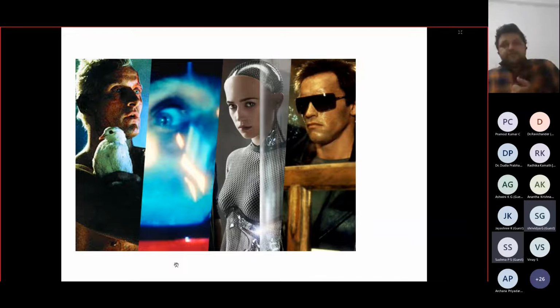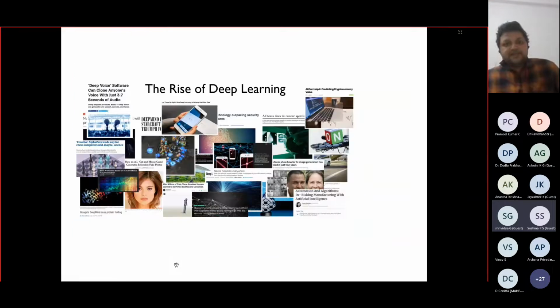Now, when we talk about AI in public perception, there are a lot of movies and other things that have been made, but in reality, it's a lot more intricate and it's already part of our lives, even if we don't know it.